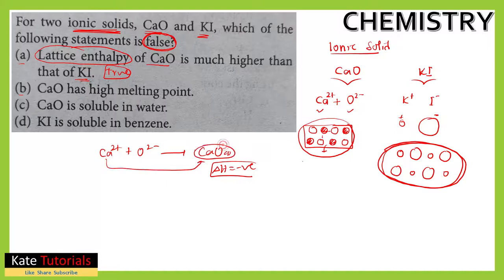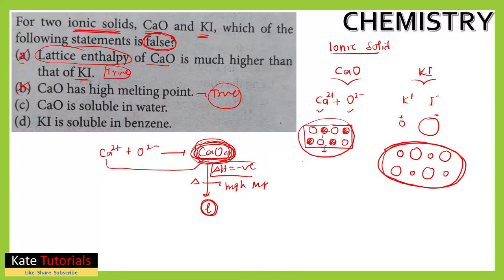A molecule with high lattice enthalpy exists firmly in the solid state, so we have to heat it to a very high temperature before it converts from solid into liquid, that is, melts. So it has a high melting point, and option B is also true. But we have to choose the false option, so B is not the answer, and A is not the answer.